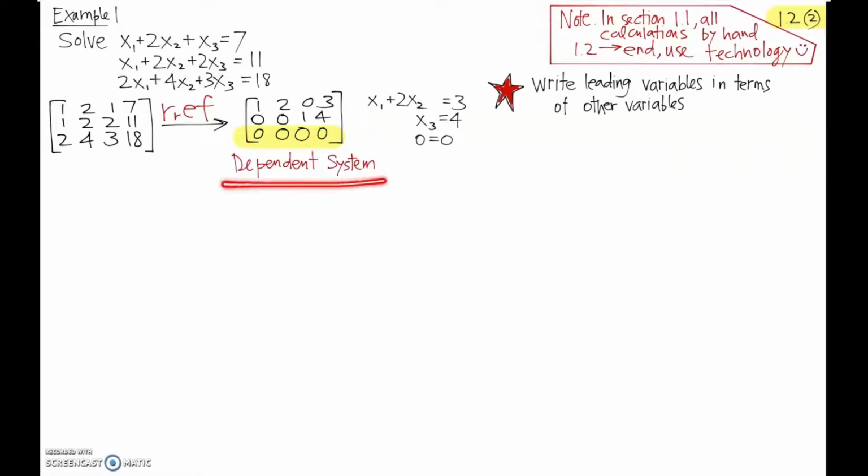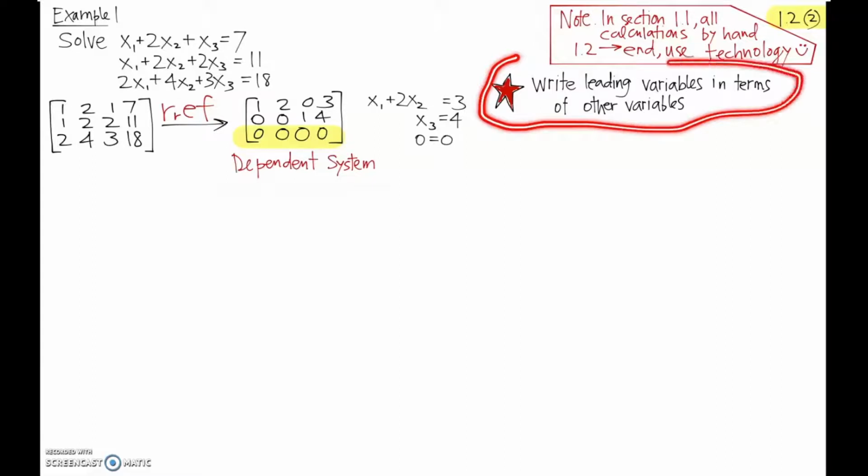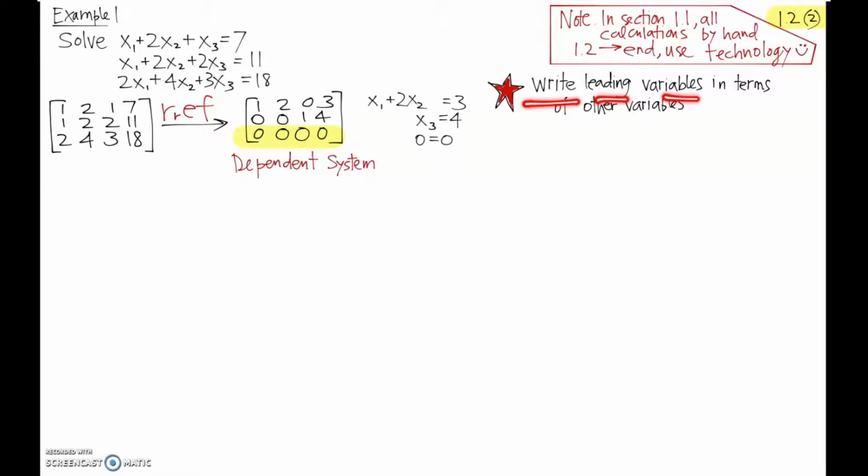So this is a dependent system, and the real key to being able to write what the solutions look like is we're going to write the leading variables in terms of the other variables. What the heck do I mean? So the leading variables are like x1. I mean, that's kind of like the head honcho variable. And those leading variables are like the leading ones.